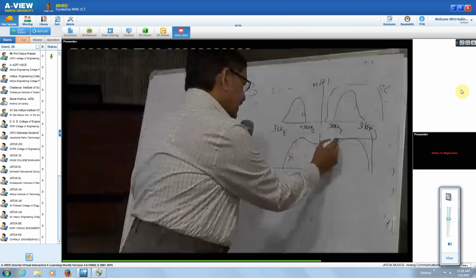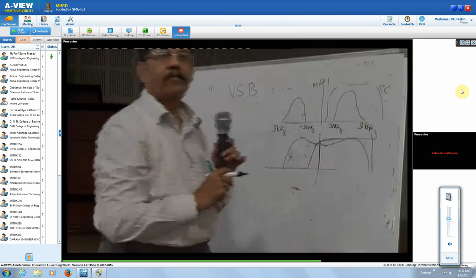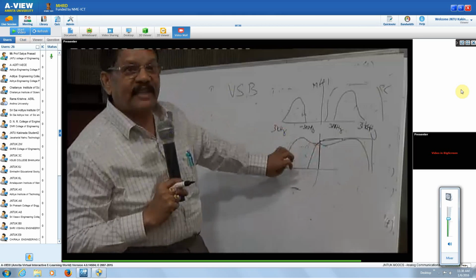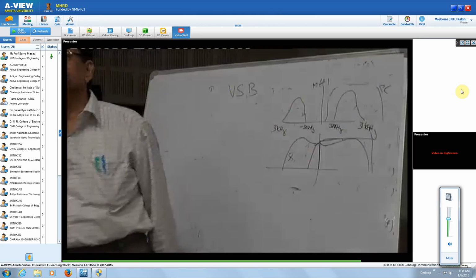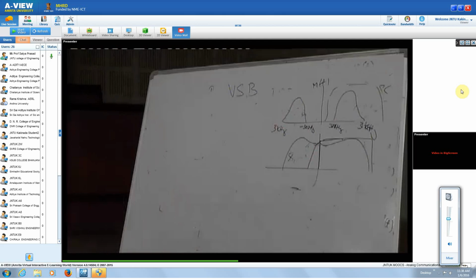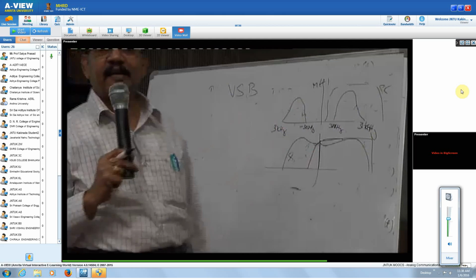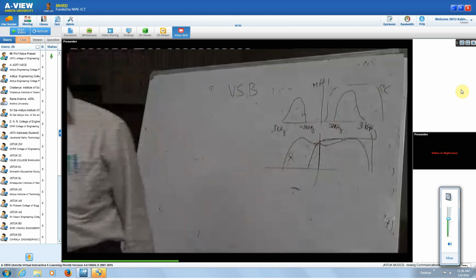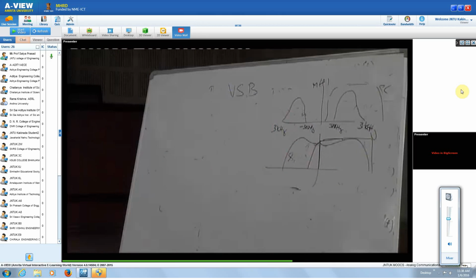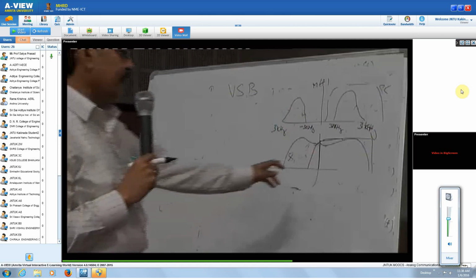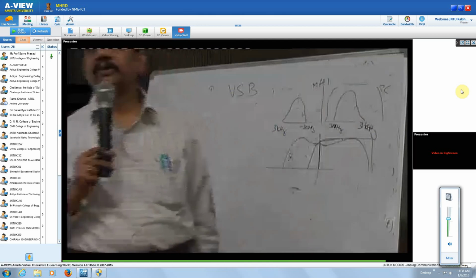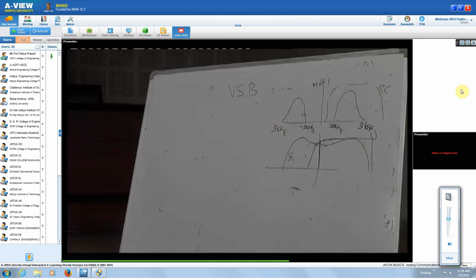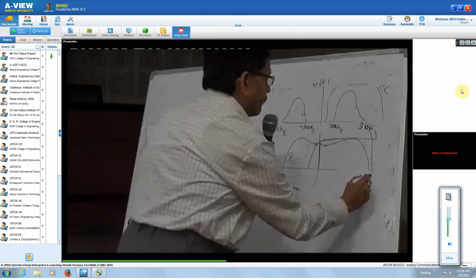Whereas if you have designed a circuit like this, the lower sideband and part of the other sideband, or the upper sideband and part of the other sideband, designing this filter is going to be easy compared to having a sharp cutoff to generate your SSB signal.